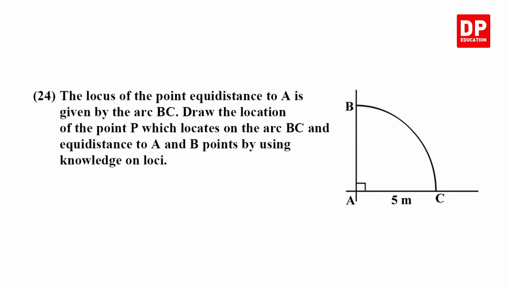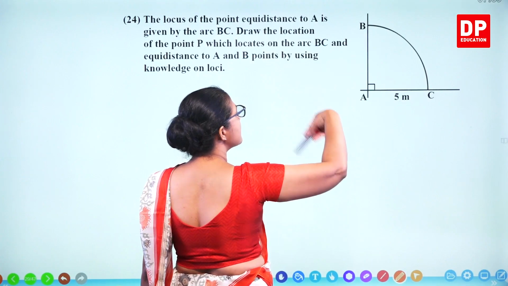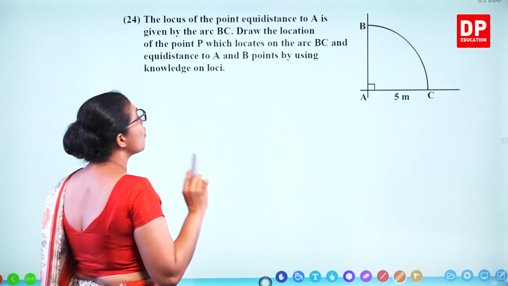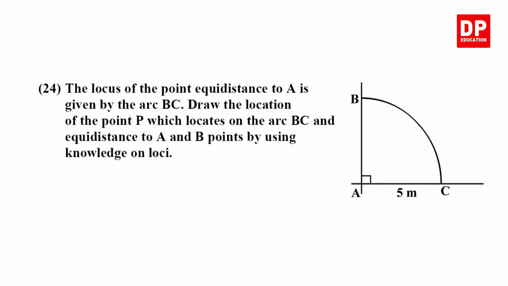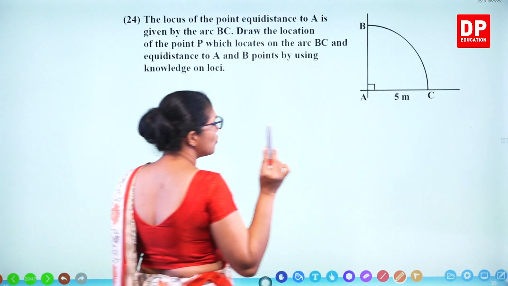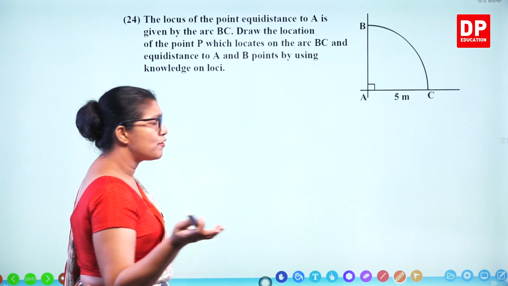Question number 24. The locus of the point equidistant to A is given by the arc BC. So that's a circle they have drawn, a quarter of a circle. Draw the location of the point P which lies on the arc BC and is equidistant from A and B. So what are the loci things you have to remember?